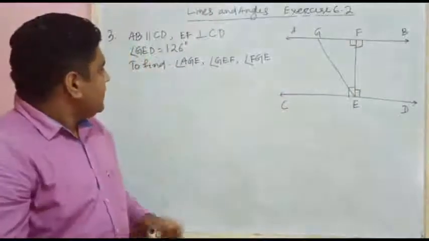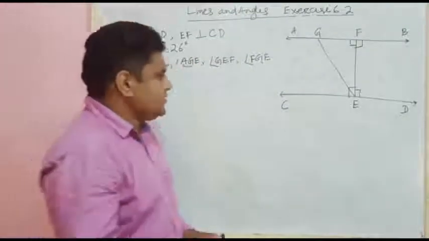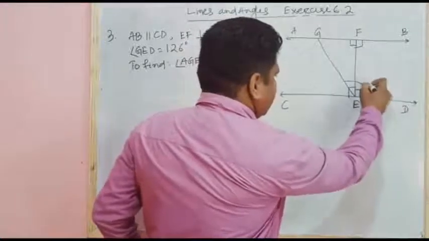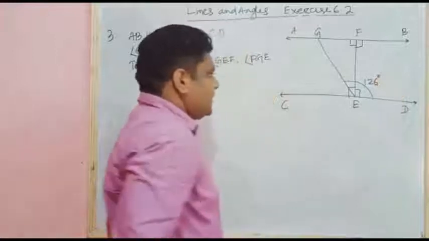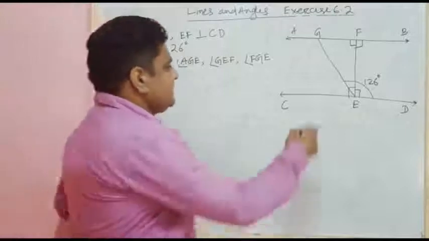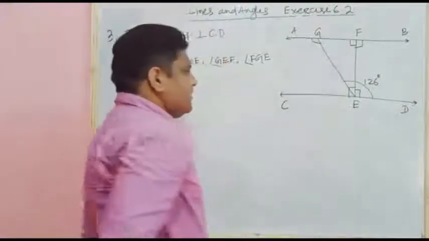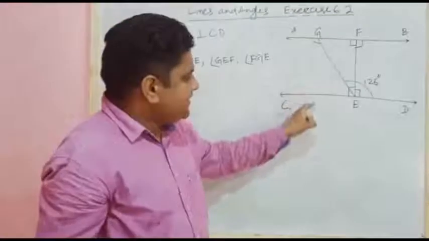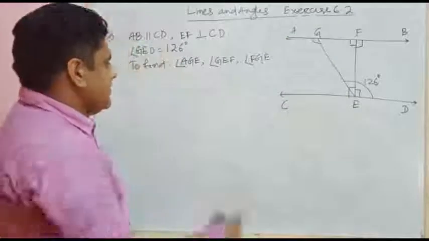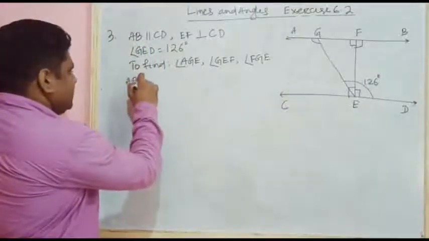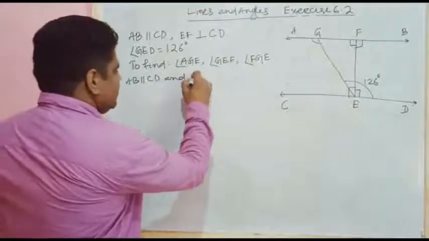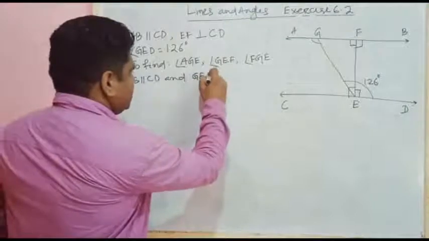Then it is also given that angle GED, which is this one, is 126 degrees, the total angle. Now we have to find angle AGE, this one. See here, AB and CD are two parallel lines and there is a transversal GE. We have to write that AB is parallel to CD and GE is a transversal.